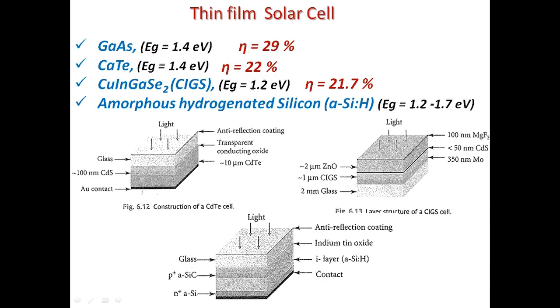Now, as I've told you, the major drawback with the silicon solar cell is that we use a large amount of silicon. That means the thickness of my absorber layer is about 300 micrometer, and because of that, the cost of your cell increases. So to avoid that, we have to decrease the amount of material being used.